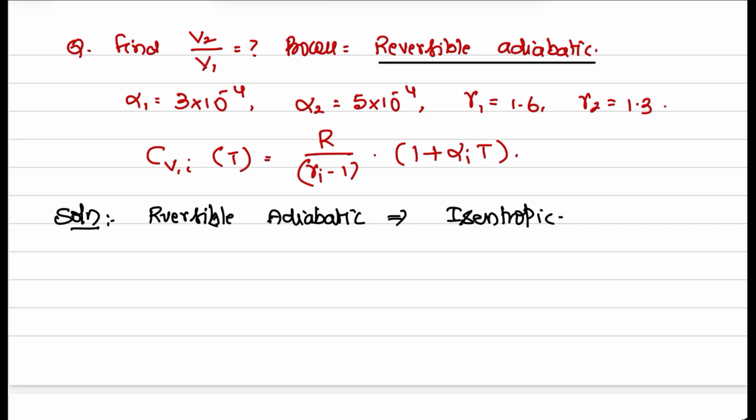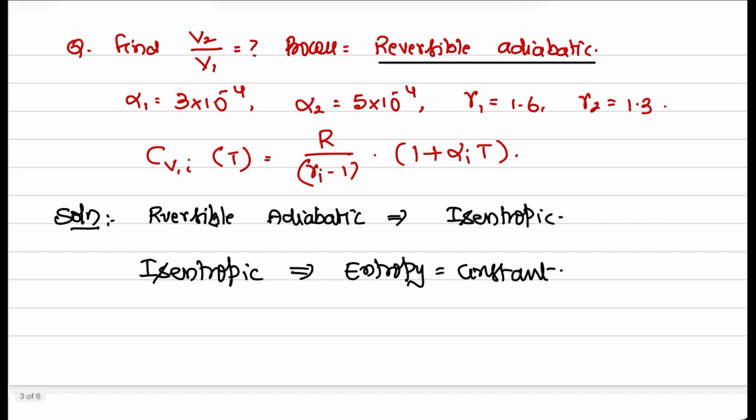Isentropic means entropy is constant. Please understand this definition. This is an important concept.